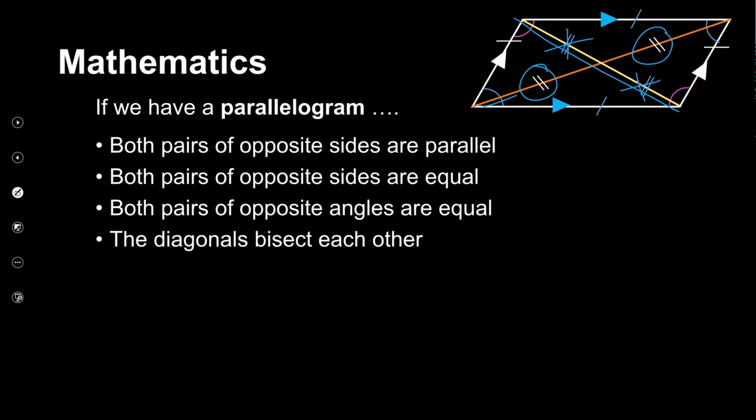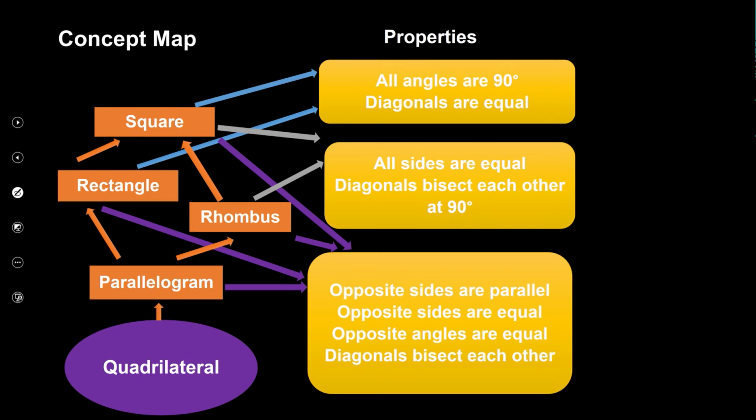I'm just trying to show you why I'm having two lines, just that they are different colors to mean different things. Now, what do we know about this? With a parallelogram, our properties will be: opposite sides are parallel, number one; opposite sides are equal; opposite angles are equal; and lastly, the diagonals bisect each other.